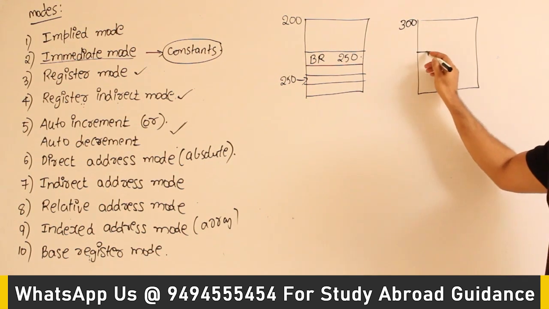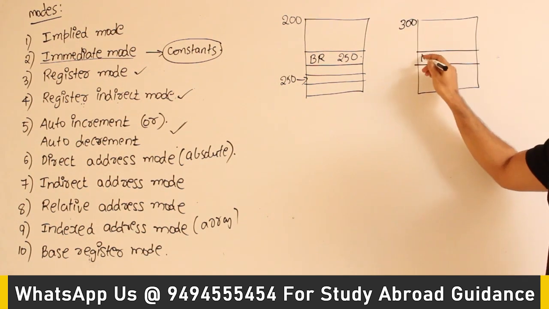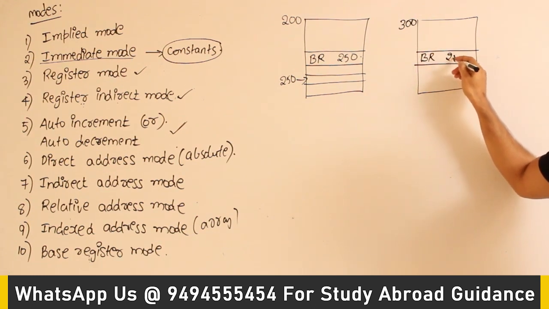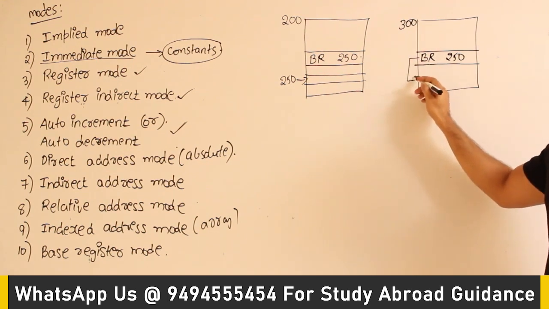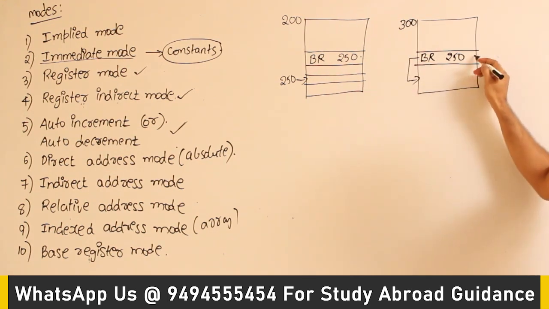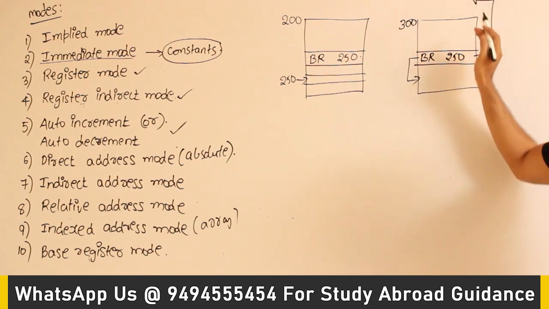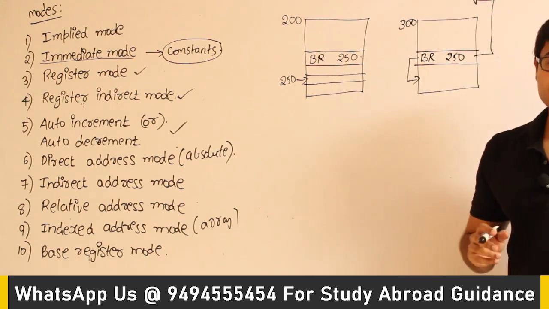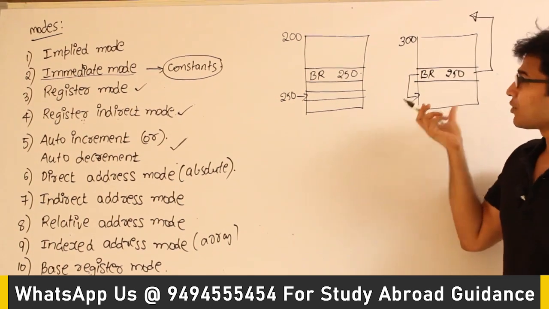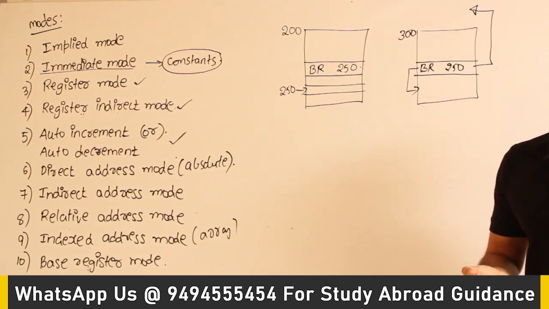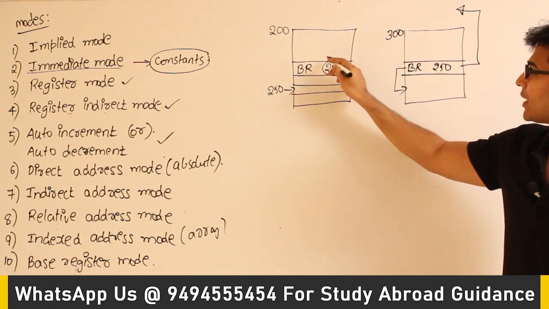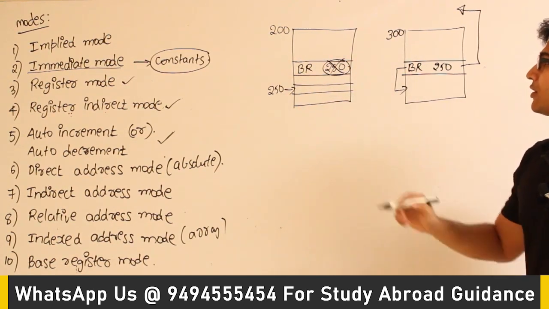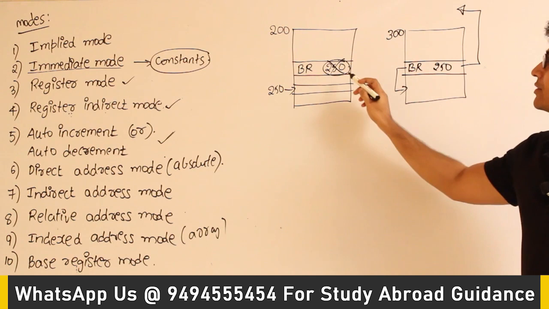If the same address remains, branch to 250, then instead of going to somewhere here, it will try to go out and point to some other process which is not a part of this process at all, which is illegal. In order to avoid this, we will not use the direct or absolute addressing here.